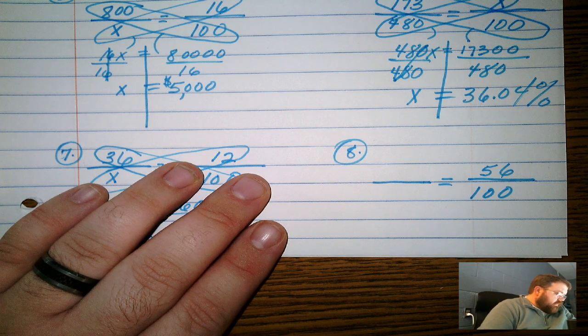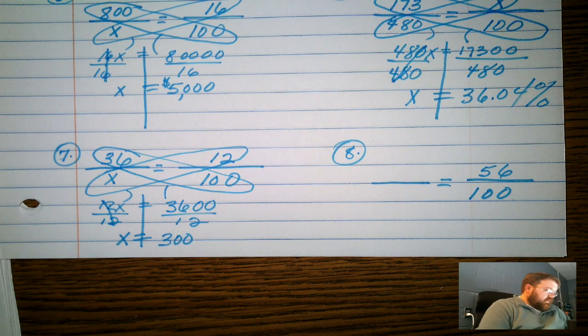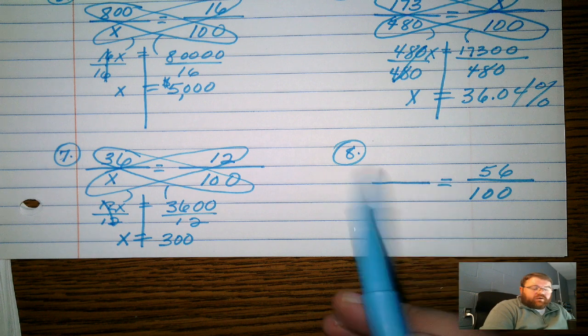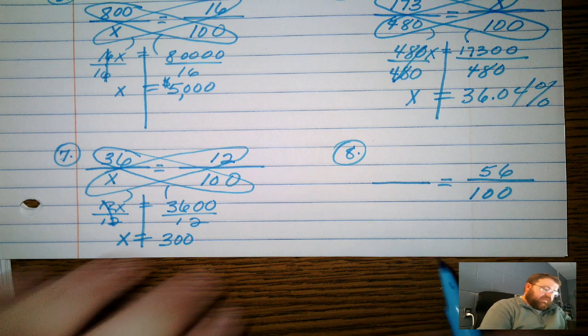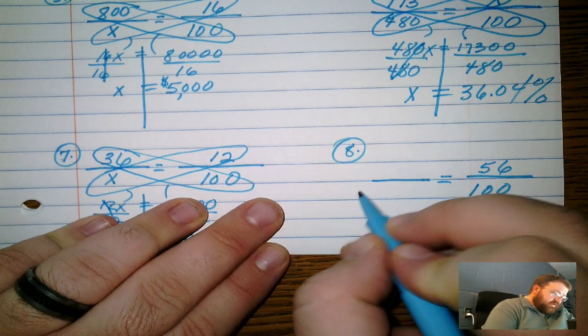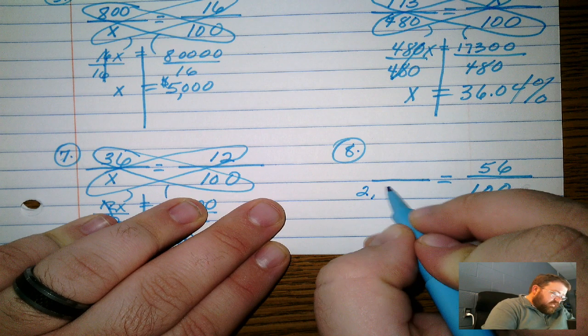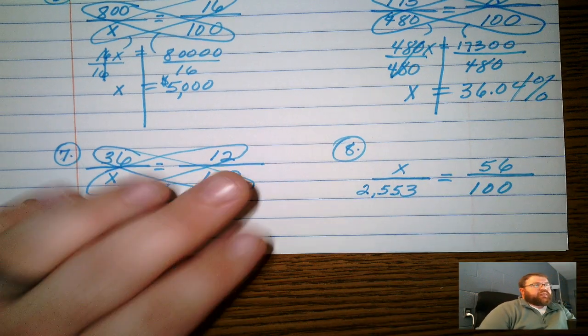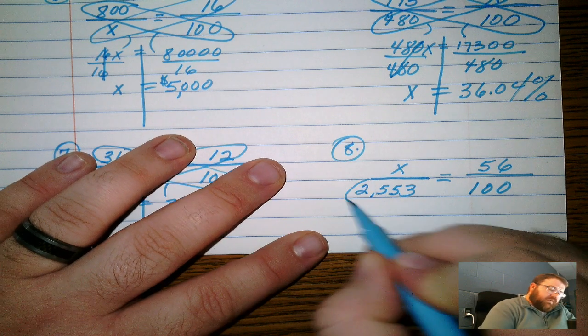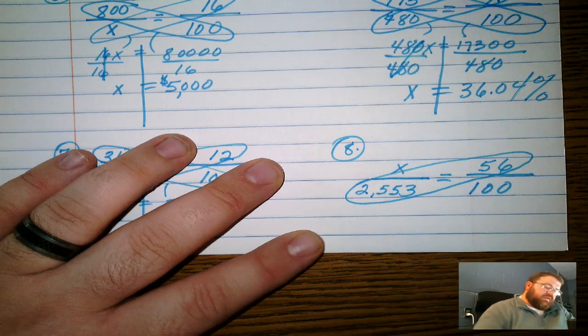Now, 2,553 students is the next thing. And we need to determine, is that part or is that the whole number of students? And I would say that that is the whole number of students. So 2,553 over x. I'm going to solve this by doing cross products.